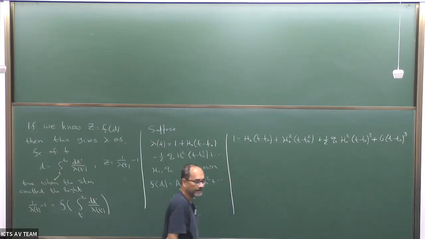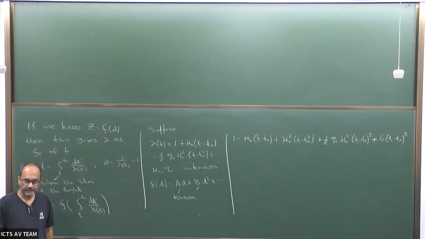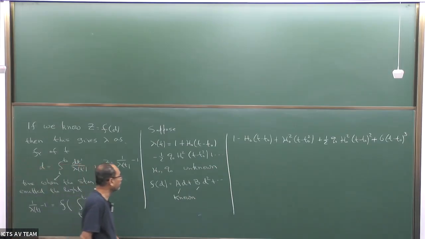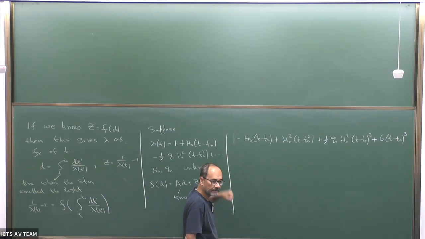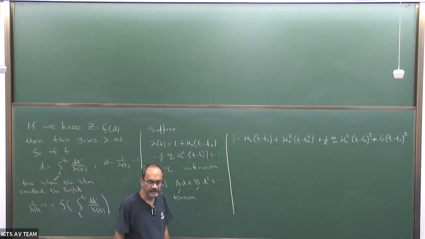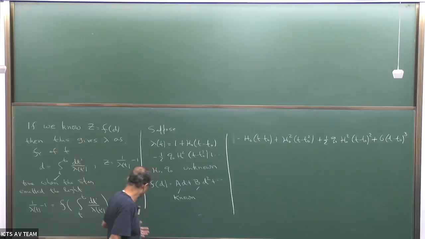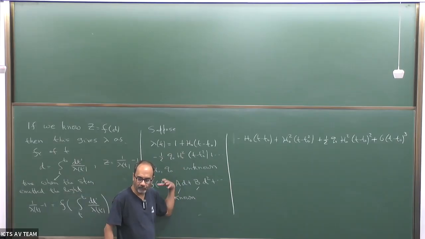We just stop at the (t minus t naught) squared term, but you can keep going if you want. Is that clear? So that expansion is just 1 over lambda minus 1, so this 1 will not be there. I just took 1 over lambda, where the lambda expression I have postulated here with unknown coefficients, and subtracted 1 from that.